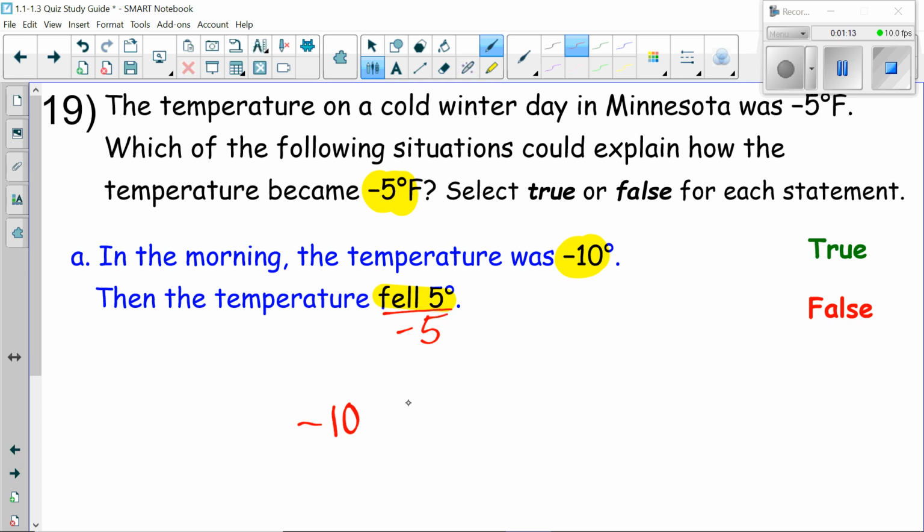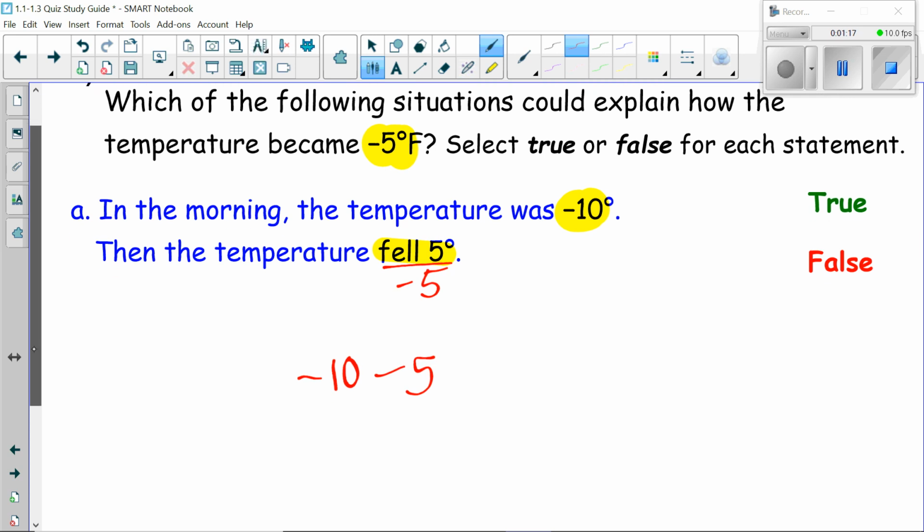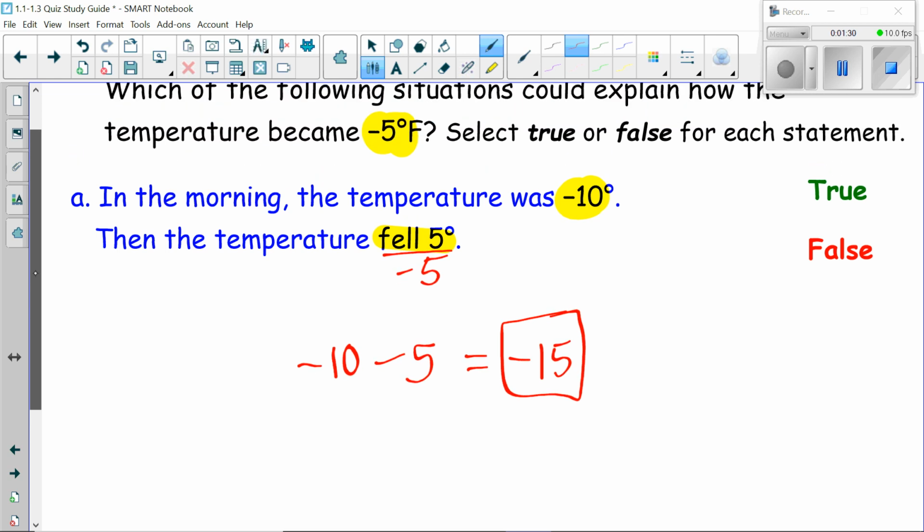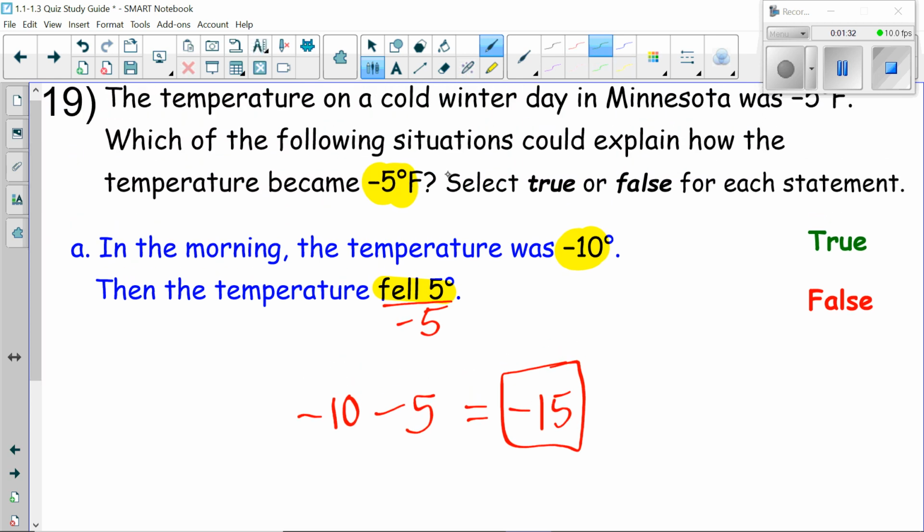So if you start at -10 and you're getting colder, your temperature ends up a bigger negative, which means it's more cold. So our answer is -15. The question was asking which situations will equal a -5. So it does not equal a -5, so this answer is false.